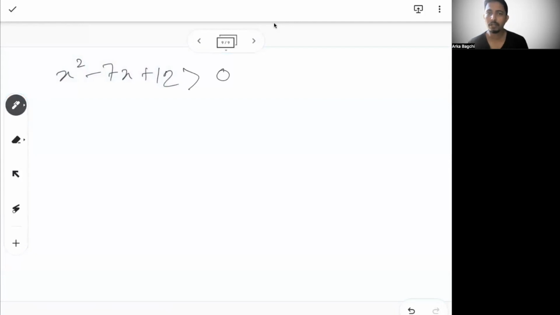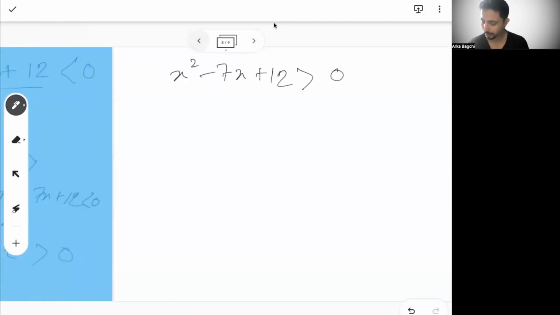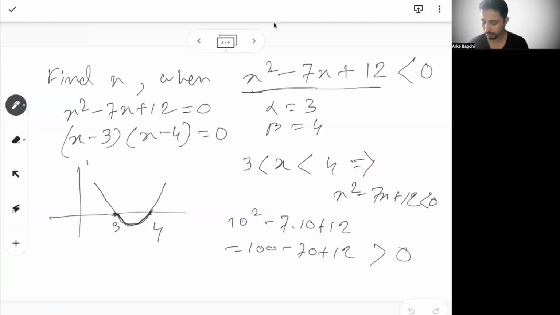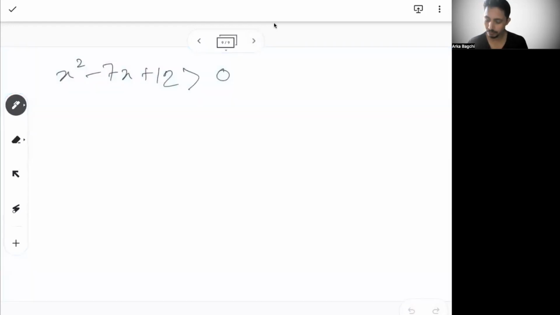So we saw it will be greater than 0 when x is in the left of 3 and right of 4. So one way of writing this is x is less than 3 and x is greater than 4.